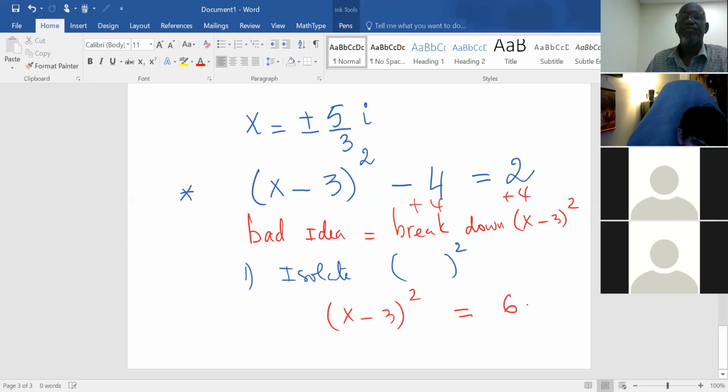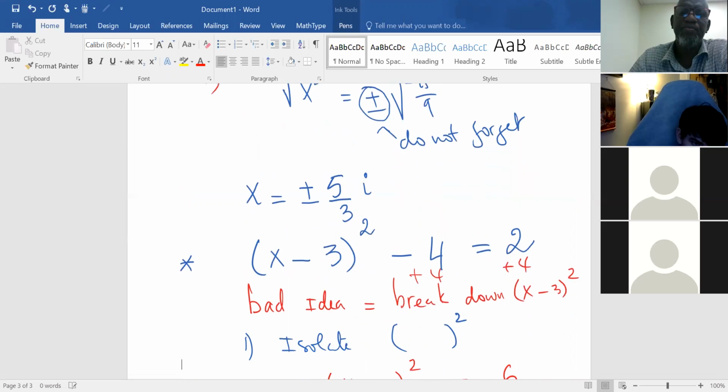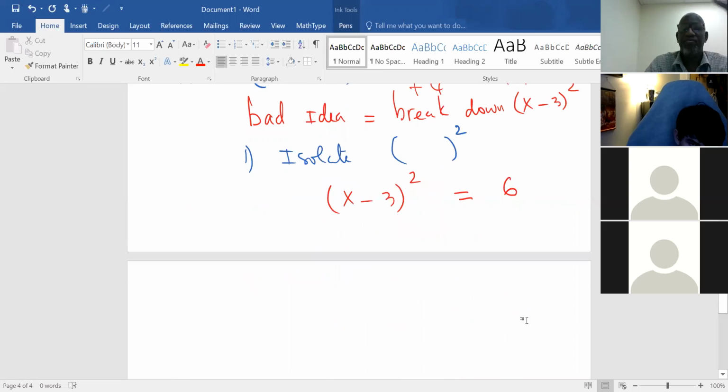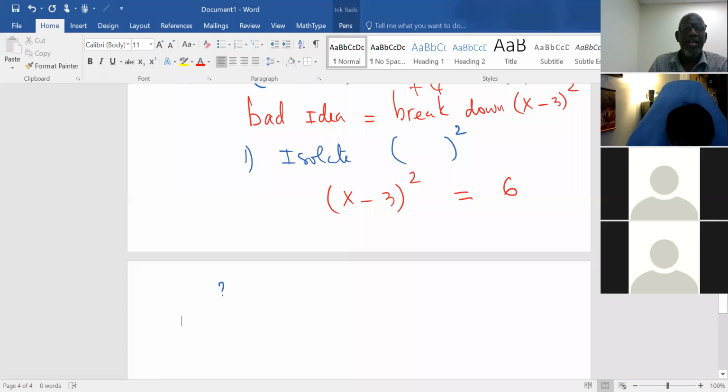6. After we get that, what comes next? Apply square root on both sides, that's it. The second step will be to apply square root on both sides.